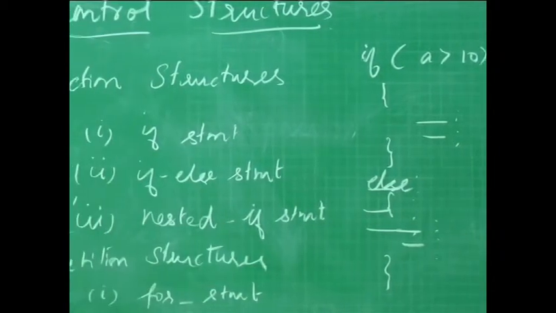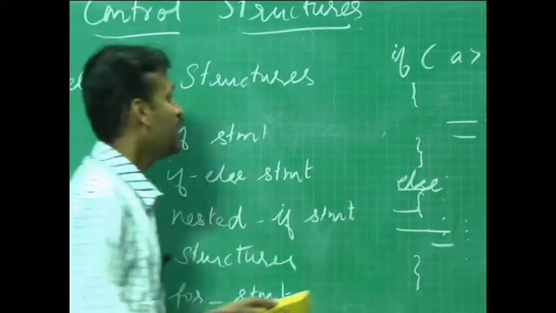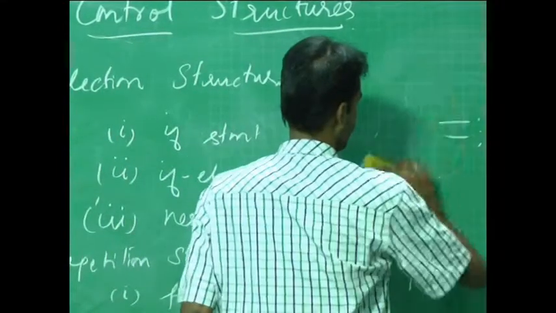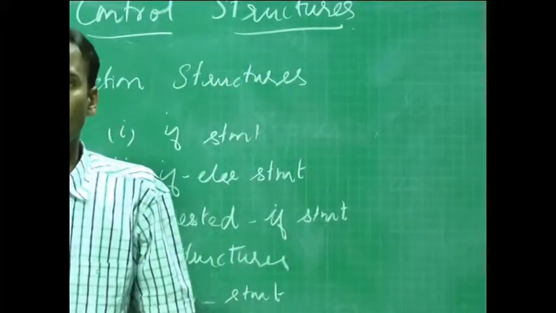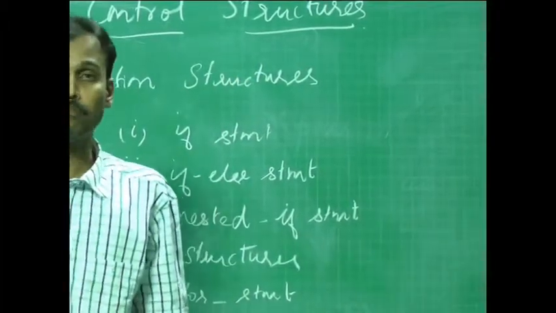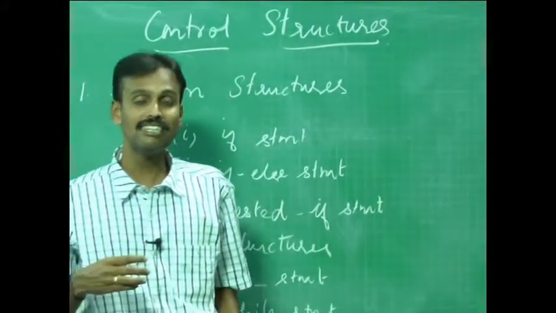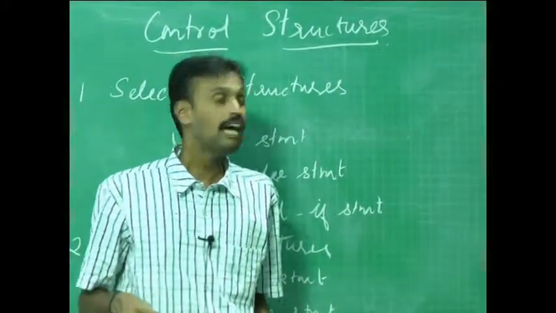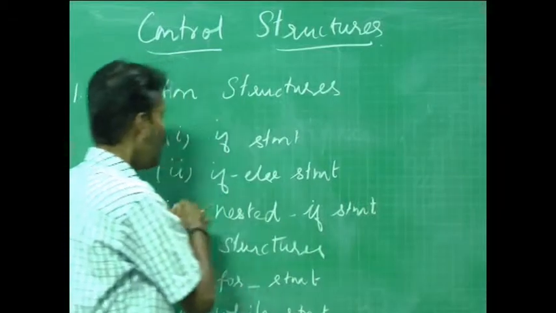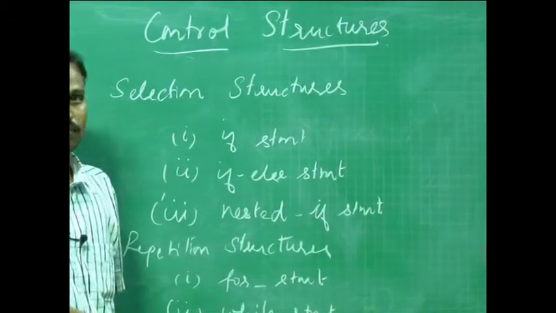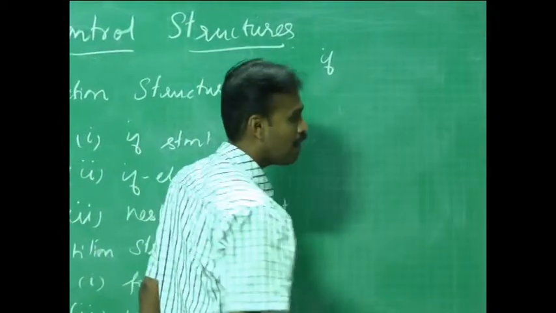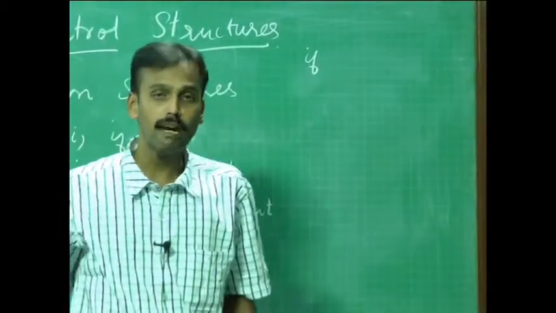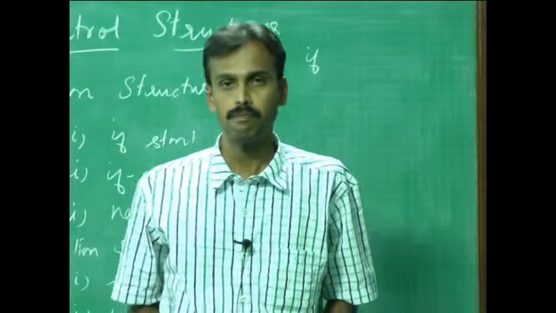The next thing happens to be the nested if else construct. That is, we need to address not only the true or false part, but the different occurrences of a particular event. Then we can address them using a nested if statement. How does it work? Just have a look. We might have had the grading of marks for different students.